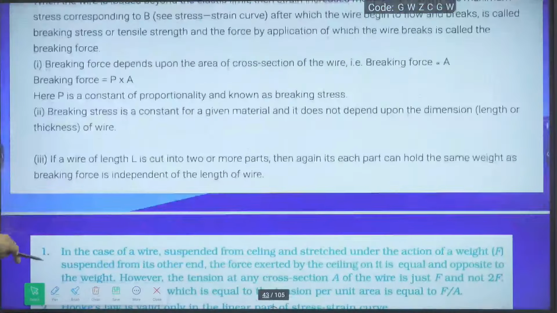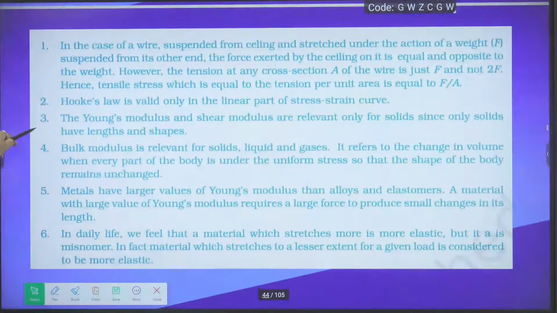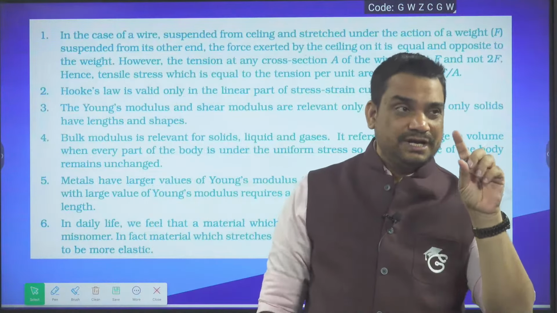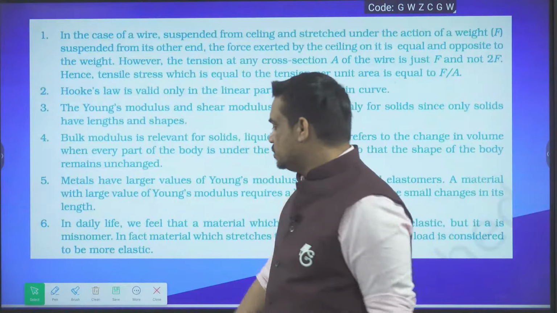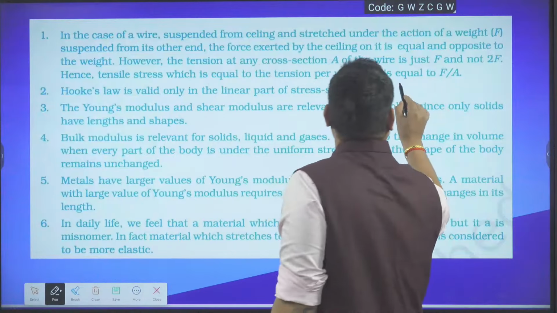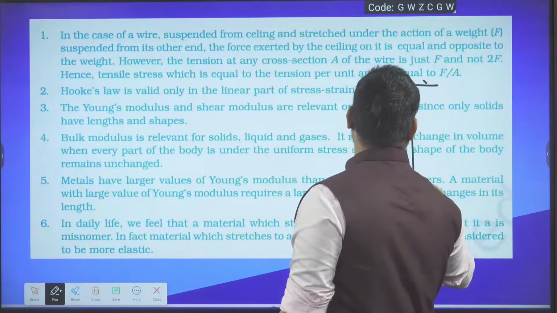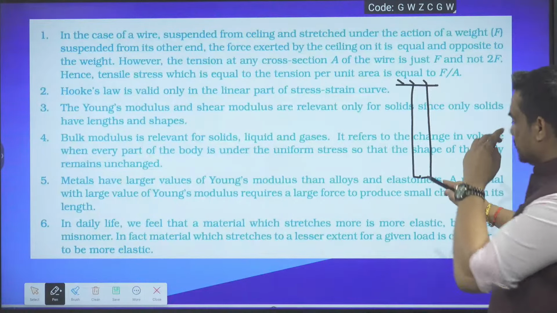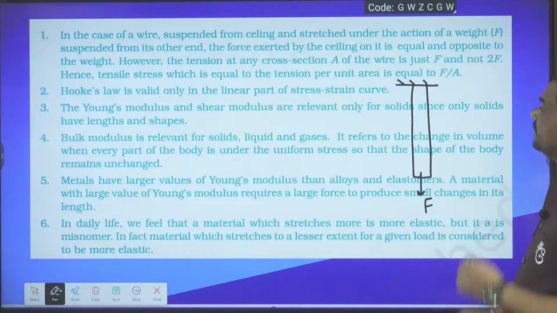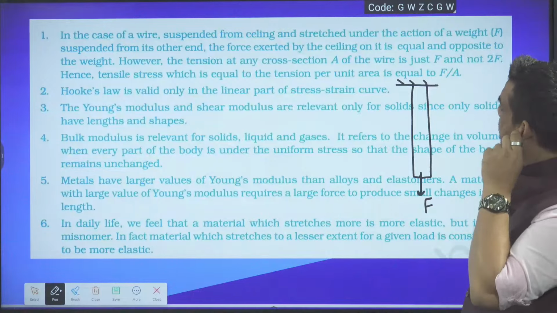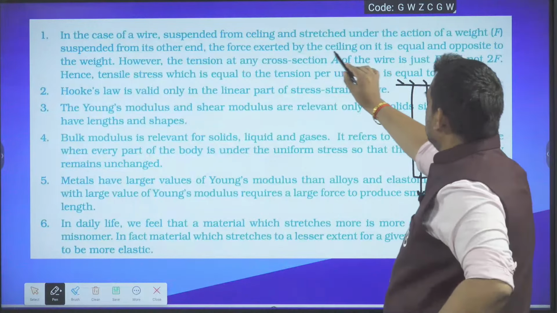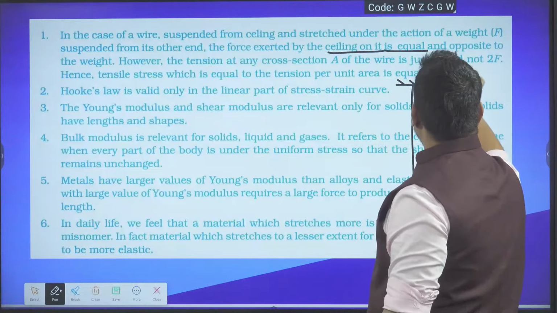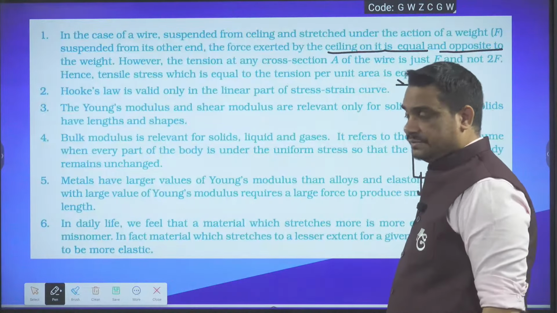This is the explanation written here. Now, read this. In the case of a wire suspended from the ceiling, under the action of weight suspended at the other end, the force F exerted by the ceiling on it is equal and opposite to the weight.